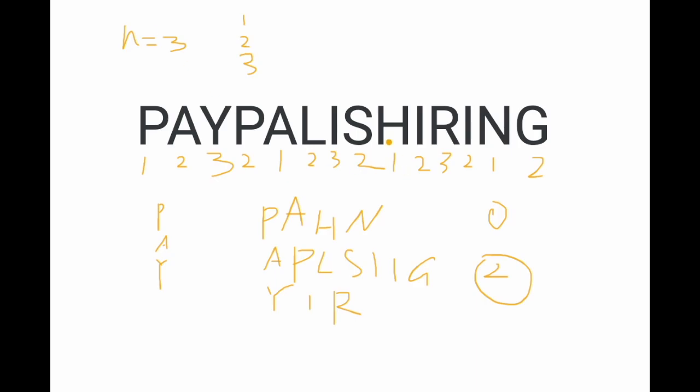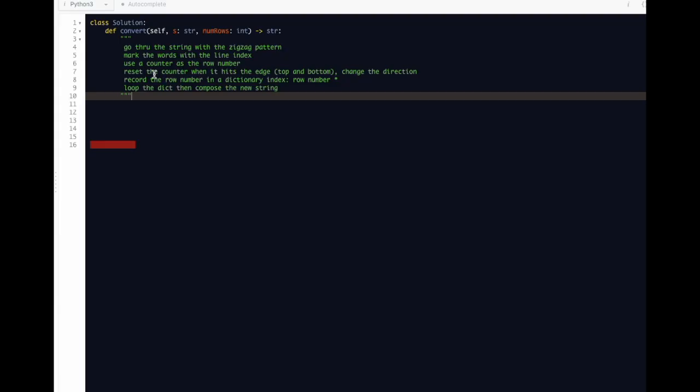Let's summarize our two-step approach. Basically, we first go through the string with the zigzag pattern. Then we mark the letters with the row number. We can use a counter variable as the row number, and we change direction when it hits an edge. We have two edges, the top and the bottom.